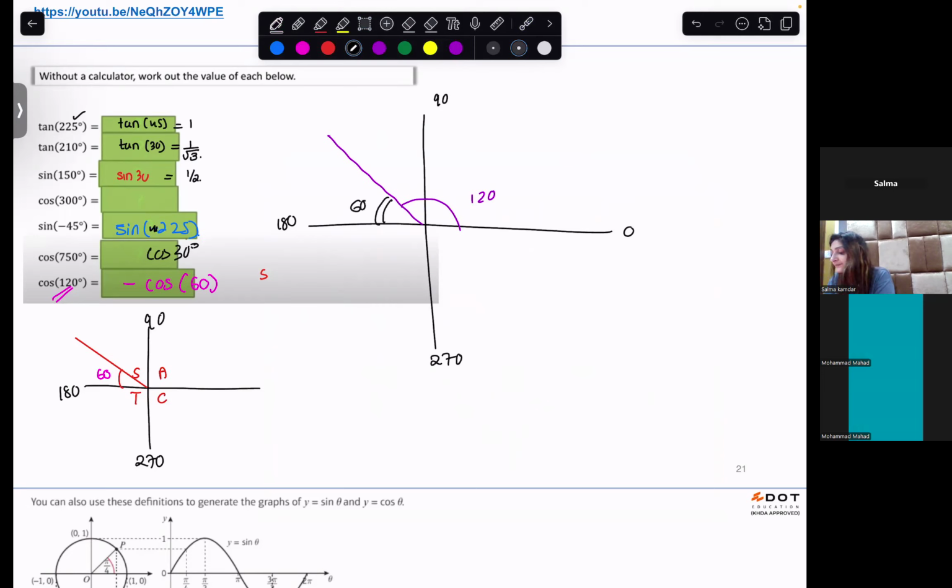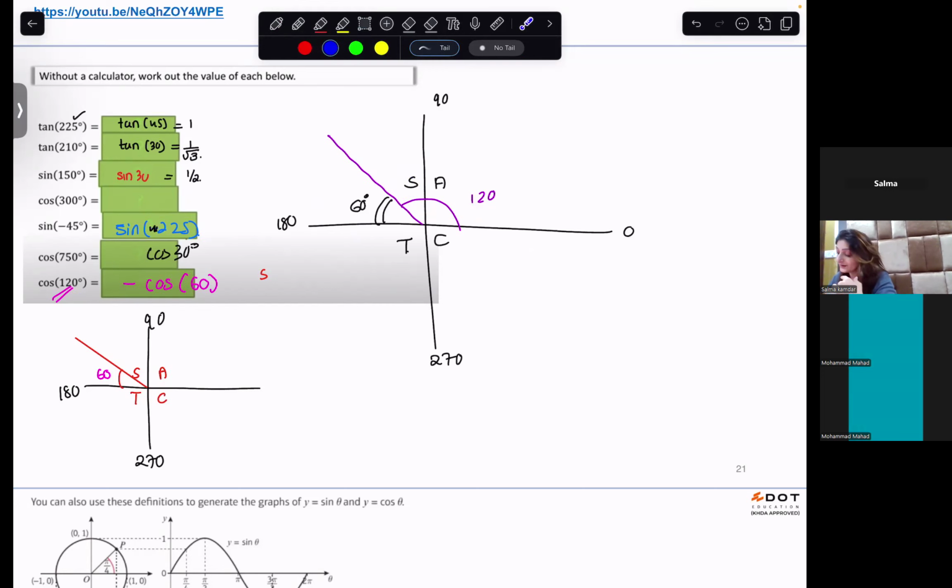But with the CAST rule, cos 120 is equal to cos 60, but it is negative cos 60 because over here only sine is positive. Cos will be negative. So the equivalent angle of cos 120 is minus cos 60. I hope you are with me.